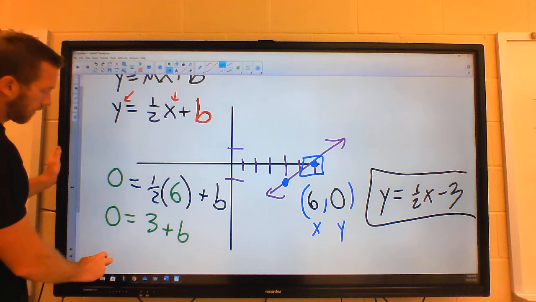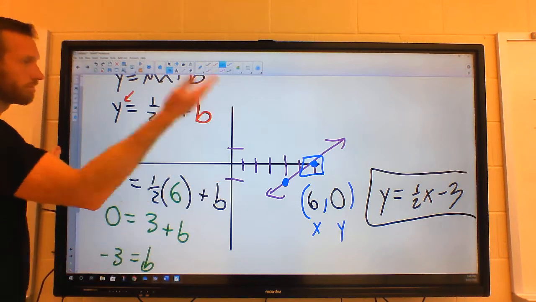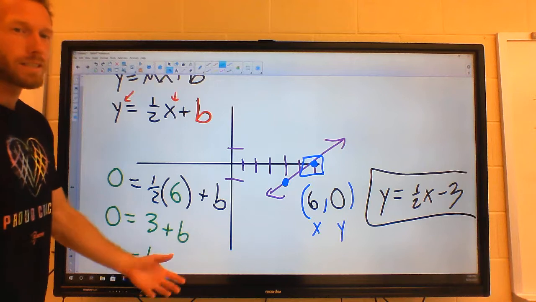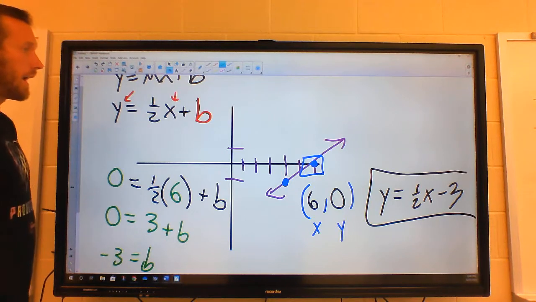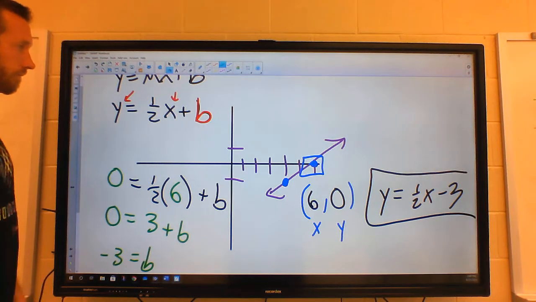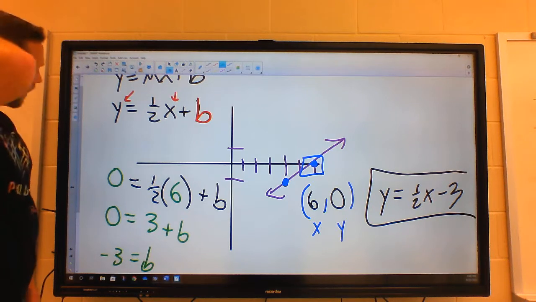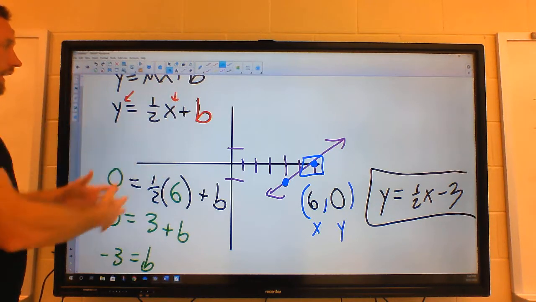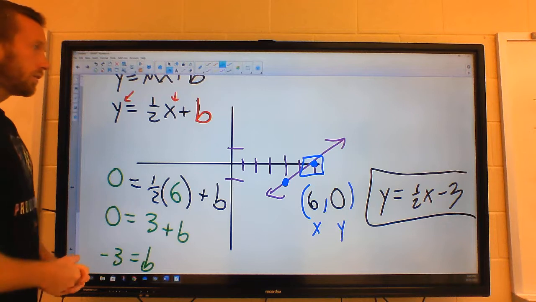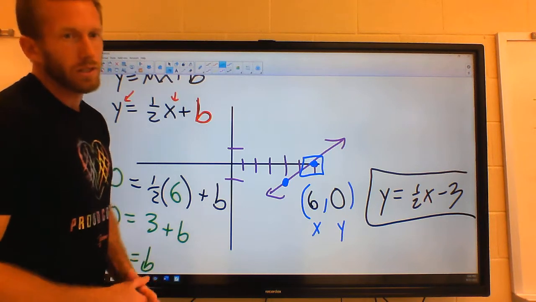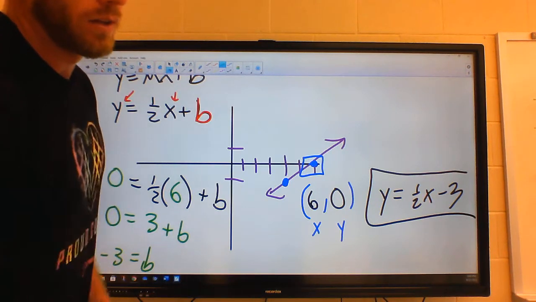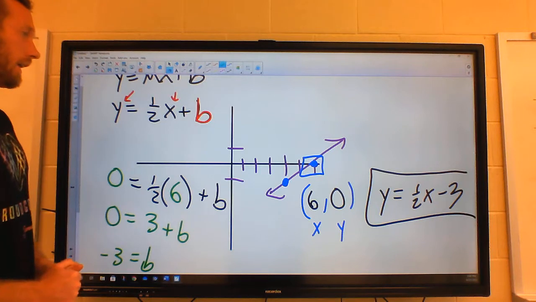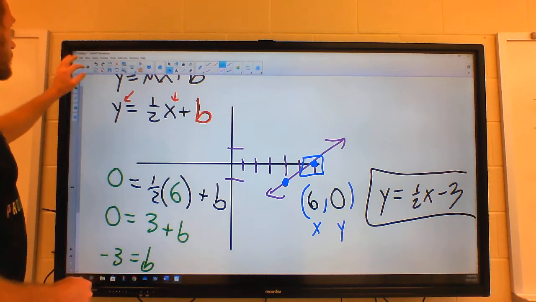Move this 3 over, -3 equals same answer. See? We get the same answer either way. All right? The idea of plugging in numbers is actually where we're going to go next with this concept. Okay? This is the next scenario we're getting into.